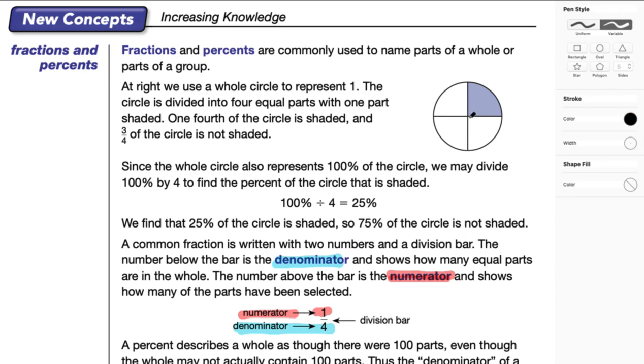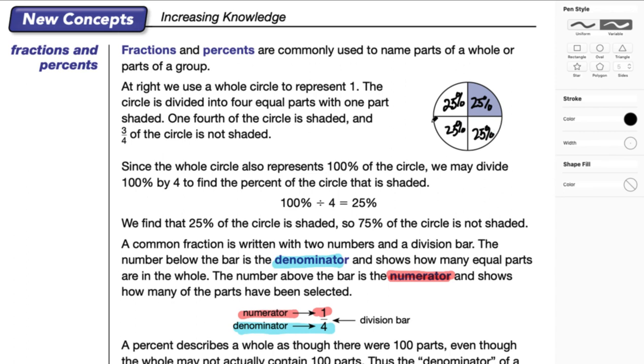Now, here's what you're supposed to be seeing here. You're supposed to see that if you have 100%, which is the entire circle, and you divide it into 4 equal parts, each of those parts would be 25%. And that makes a certain kind of sense. 100 divided by 4 is 25.